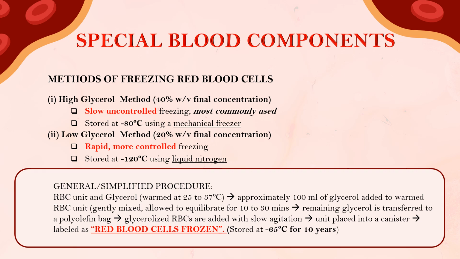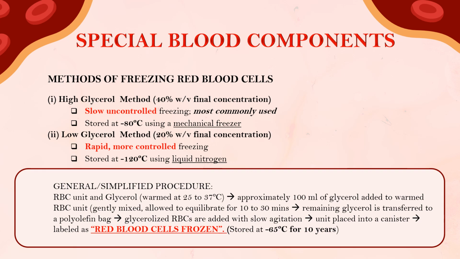Number two, the low glycerol method, which is a rapid and more controlled freezing method. Units using the low glycerol method are stored at negative 120 degrees centigrade using liquid nitrogen. So make sure to take note of the main differences, class, between high glycerol and low glycerol.